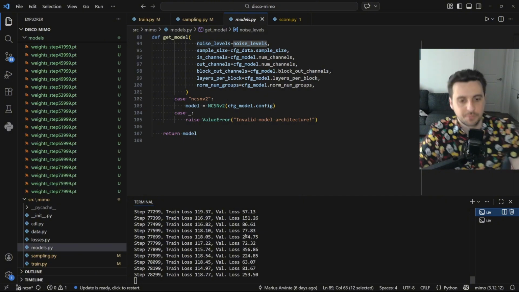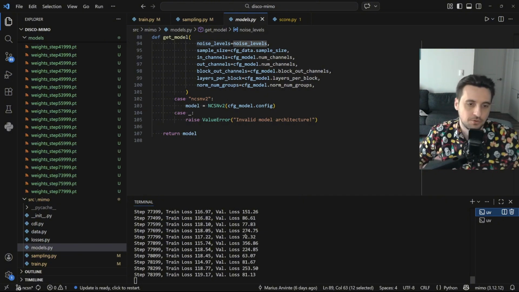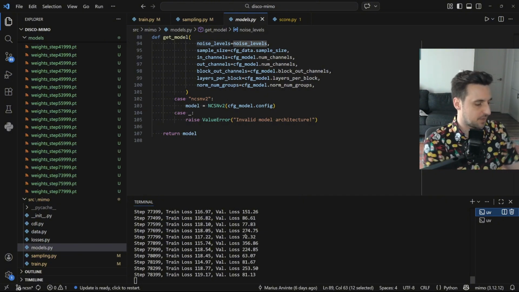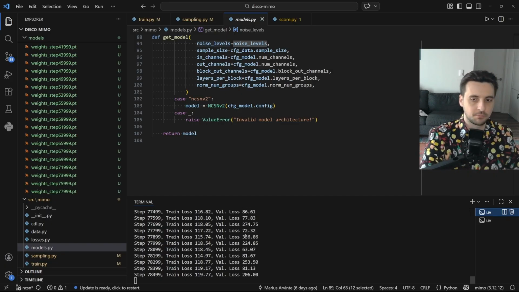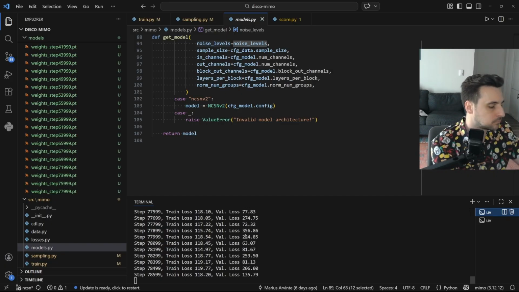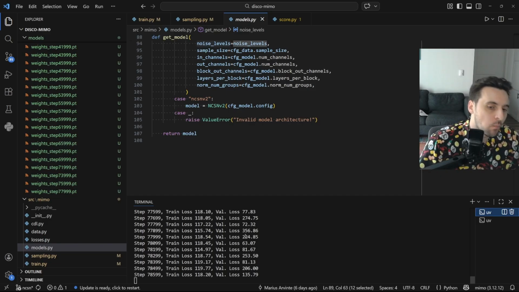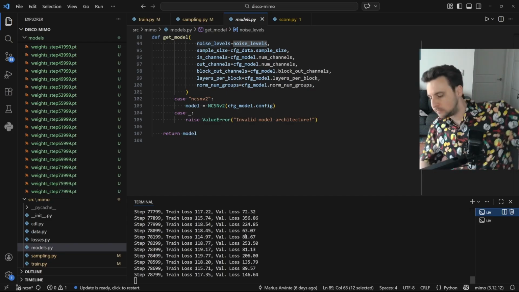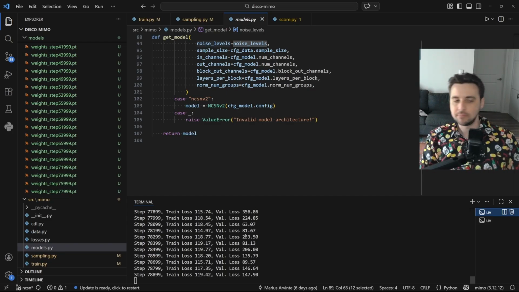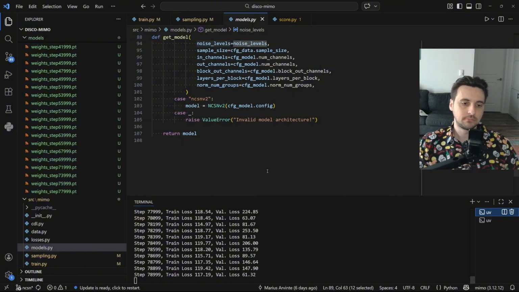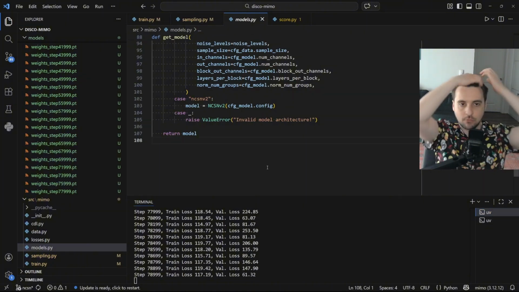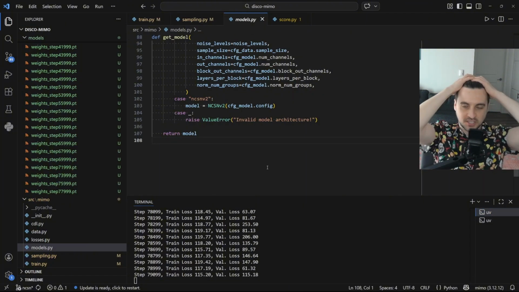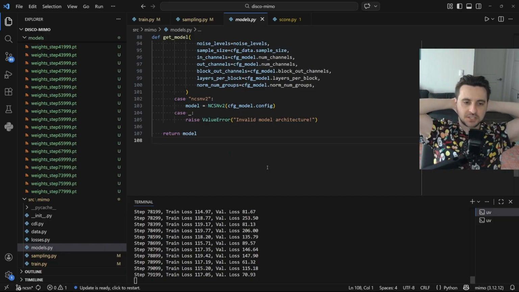Yeah, training is going perfect. All right, so it's actually going down to 100, exactly like the paper. Yeah, we have this. Okay, so I fixed the sampling. All right, let's take a break and we'll implement the sampling using the saved model. This is gonna be it.